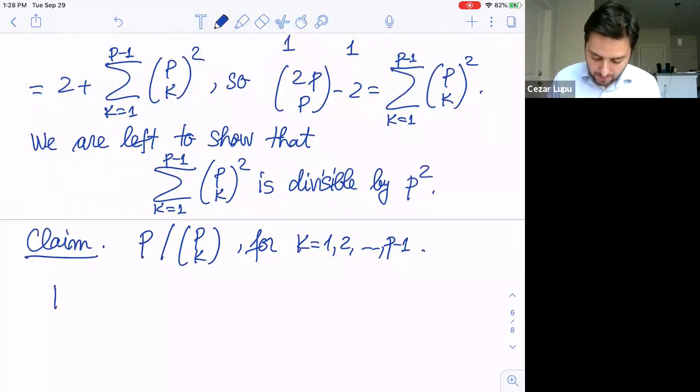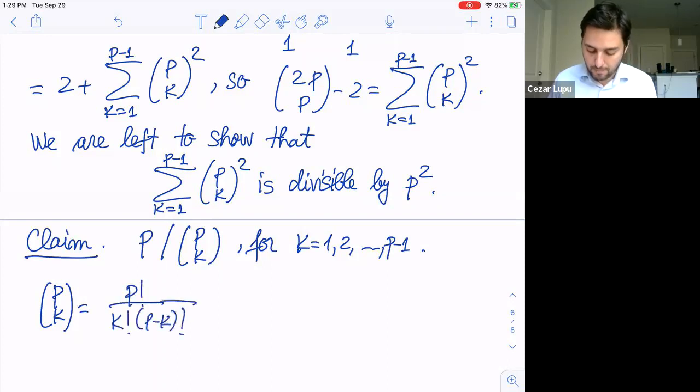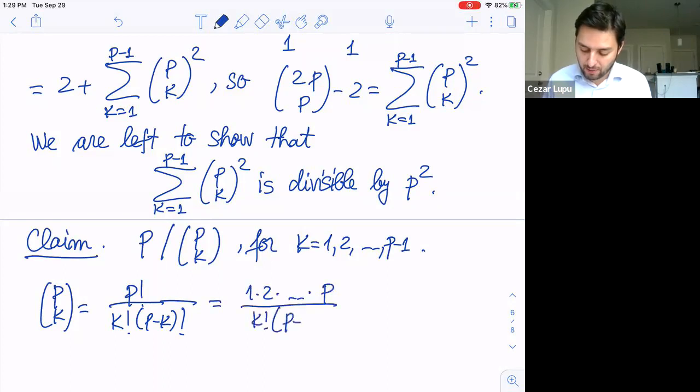Because p choose k is p factorial over k factorial times p minus k factorial. That's the definition. The numerator contains the factor p, so this is divisible by p. It's obvious.